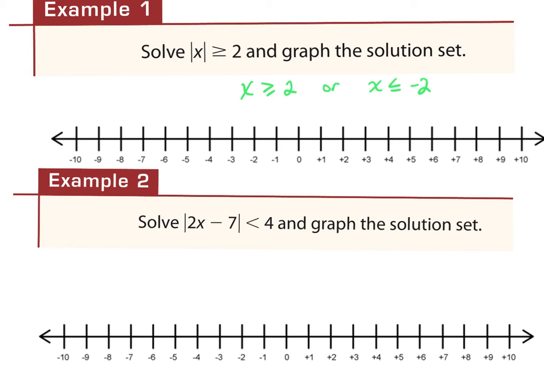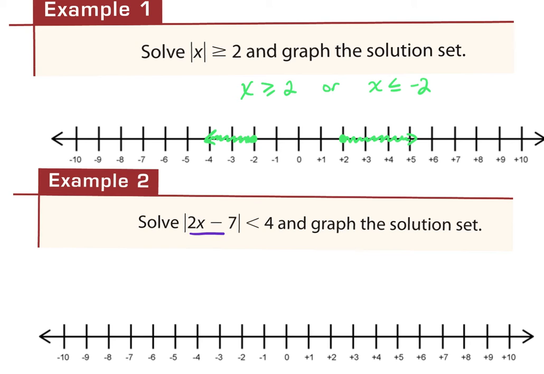All right, and that's how I got this particular graph. So if this is an or, I would do a closed circle here on the 2 and everything bigger. A closed circle on the -2 and everything smaller.